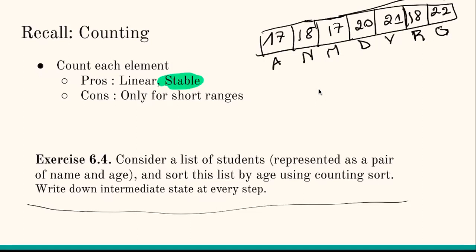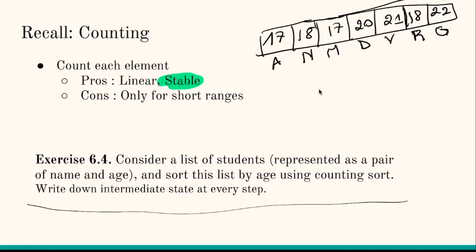So if we assume that we have this order, the sorting is stable if after sorting, elements with the same value preserve the order of the original sequence.